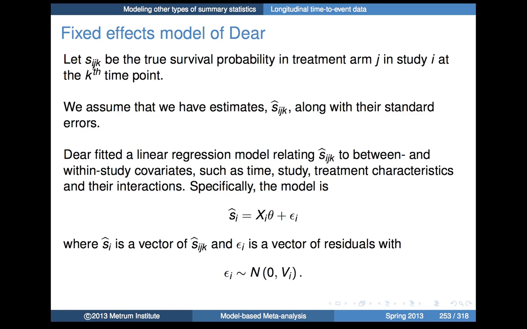And so he says, well, we'll fit a model that says the observed data, S hat i, now this S hat i here is a vector across all observations within all treatment arms, follows some linear model. That's a linear combination of the covariates xi and so has some residual vector epsilon i.